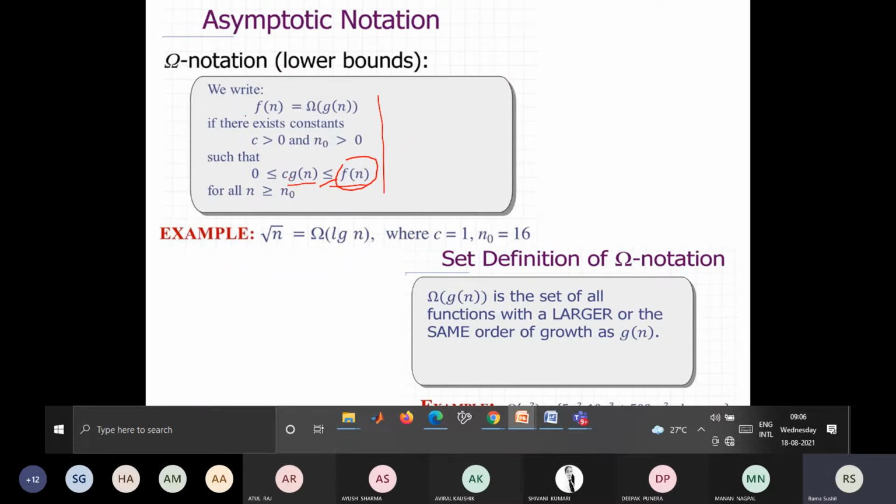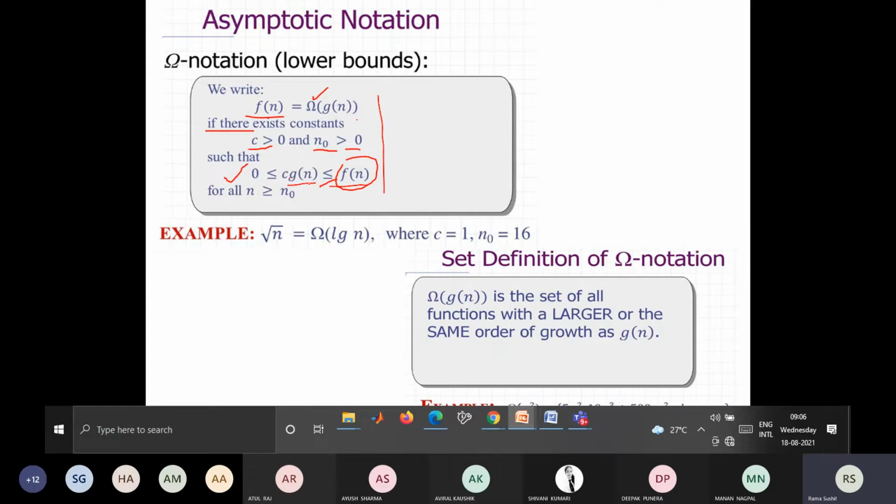So you can write the function in terms of omega notation. So f(n) is of order omega g(n) if there exist a constant c greater than 0 and a particular minimum value of n, represented by n0, greater than 0, such that this condition is true: your function is greater than or equal to c dot g(n).